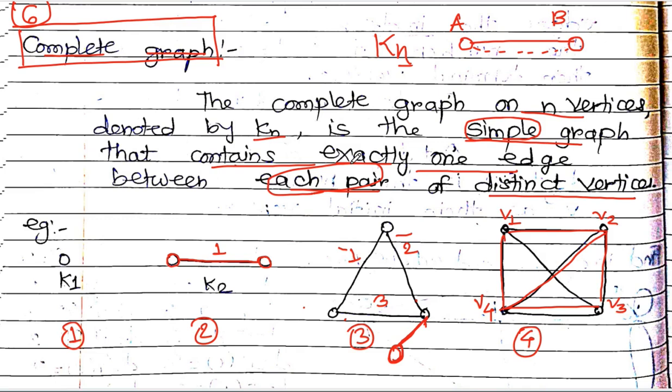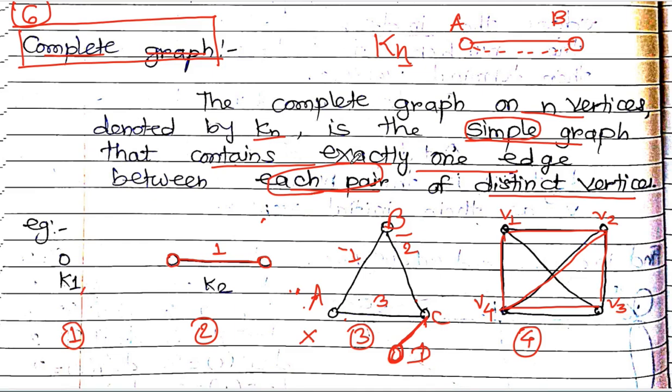Suppose we name the vertices A, B and C, and the newly drawn one D. You will find there is no edge between A and D. So it violates the definition that each pair of distinct vertices should have an edge. So this will not be called a complete graph.